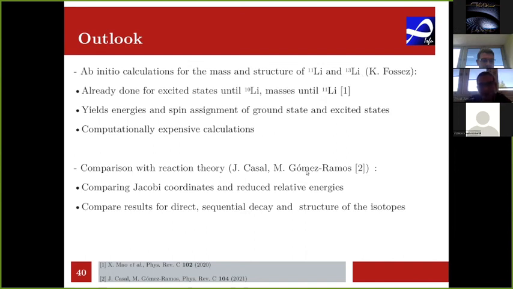And we can also compare our results with reaction theory, which can give us some calculations about the Jacobi coordinates for both direct and sequential decay that we can directly compare with our results, which can provide us an understanding of whether the theory first manages to reproduce the data, and if those two match.